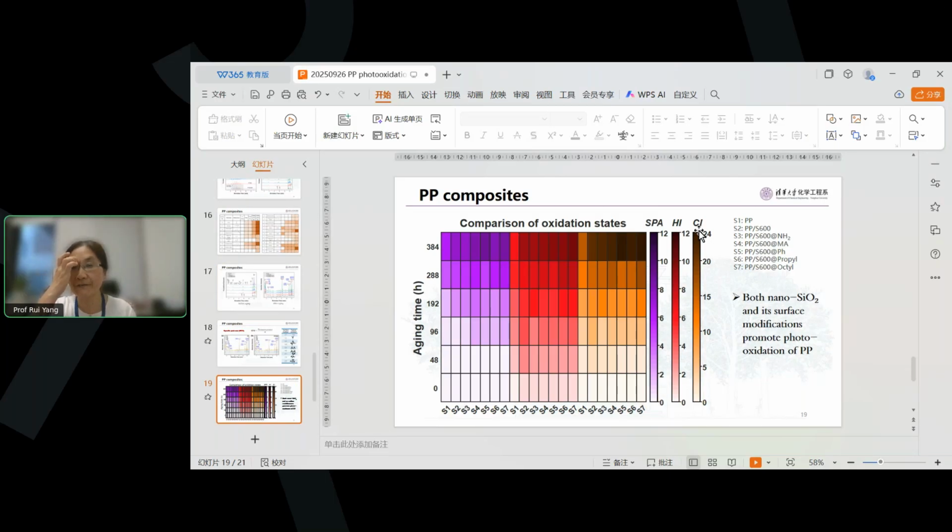So we can find that our method, PYGCMS, showed a similar trend to the other method, FTIR. So we can have a conclusion that both nanosilica and its surface modification promote the photo-oxidation of PP, to different extents.